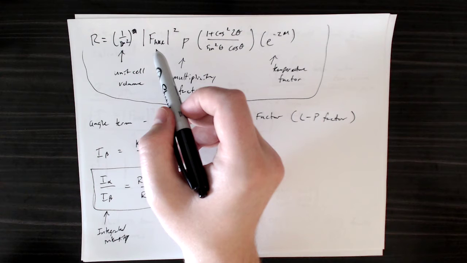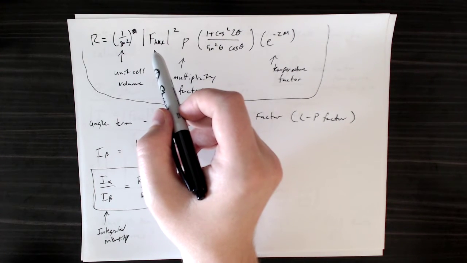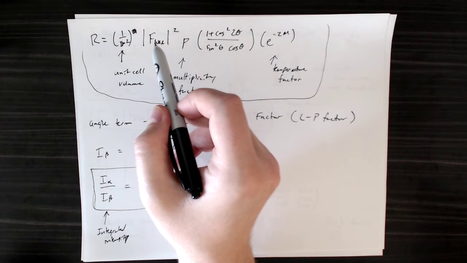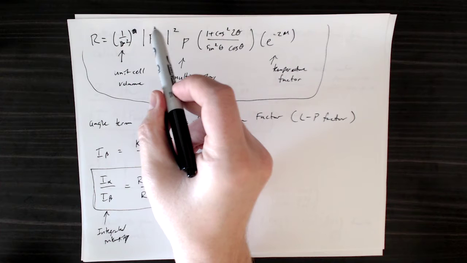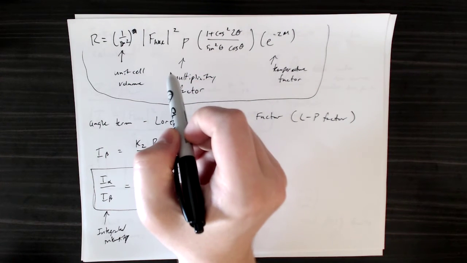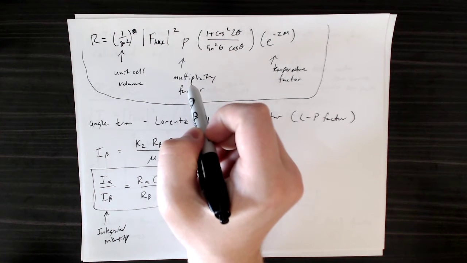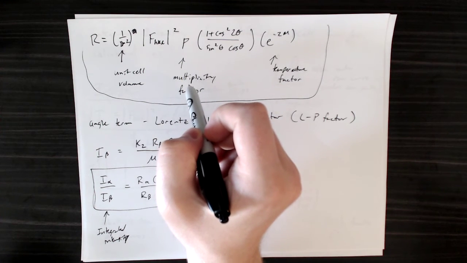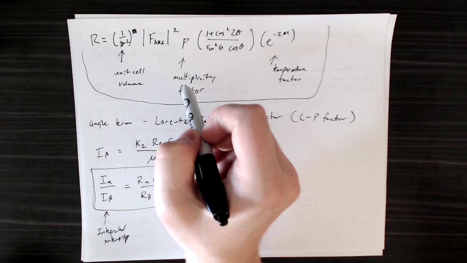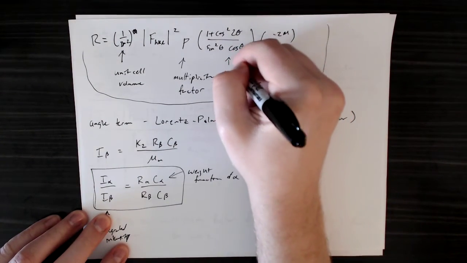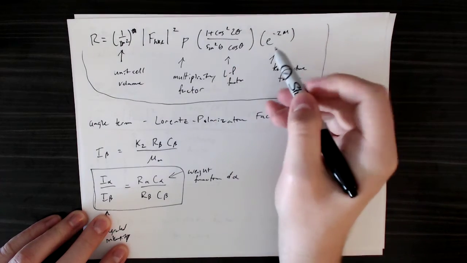The structure factor, we talked about this in the previous video on predicting single phase intensities, so go see that one or see the lectures in 585 if you want a refresher on how to calculate structure factor. Same thing with the previous video, you saw where to find the multiplicity factor in the appendices of Cullity, and the same with the LP factor and the temperature factor.